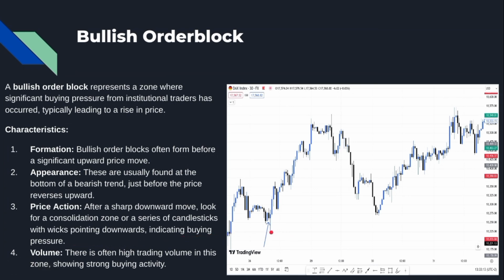So when you see wicks like this, it indicates buying pressure. It's telling us, whoa, the sellers are losing out now. The buyers are stepping into the market, right? Over here as well, it's telling us buyers are stepping into the market. Number 4, there is often high trading volume in the zone, showing strong buying activity, right?